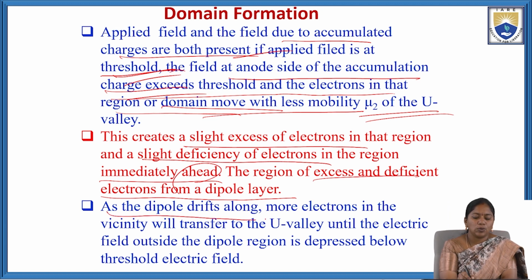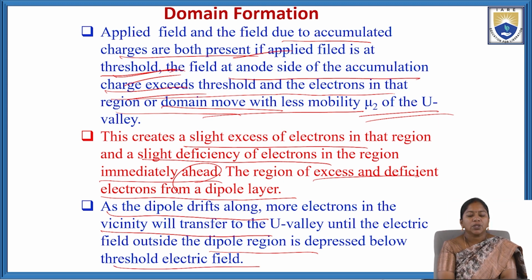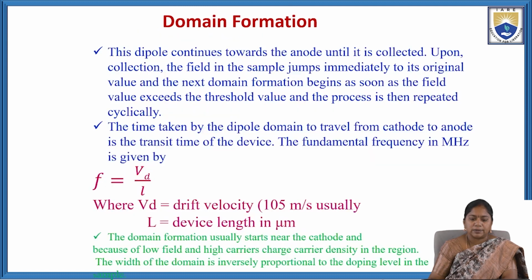So as the dipole drifts along, more electrons in the vicinity will transfer to the U valley until the electric field outside the dipole region is depressed below the threshold electric field.